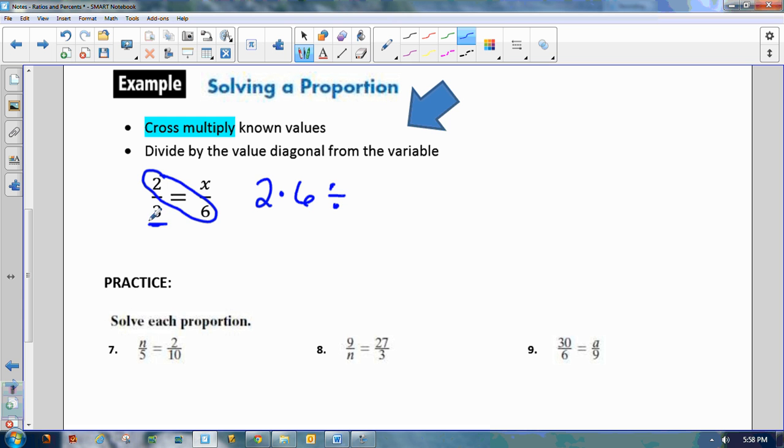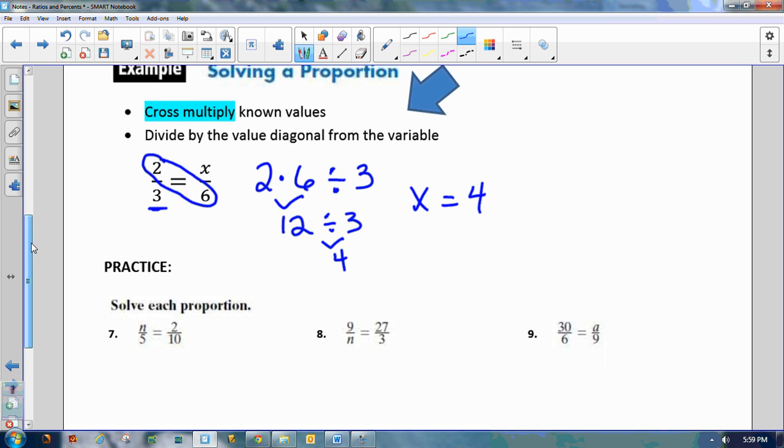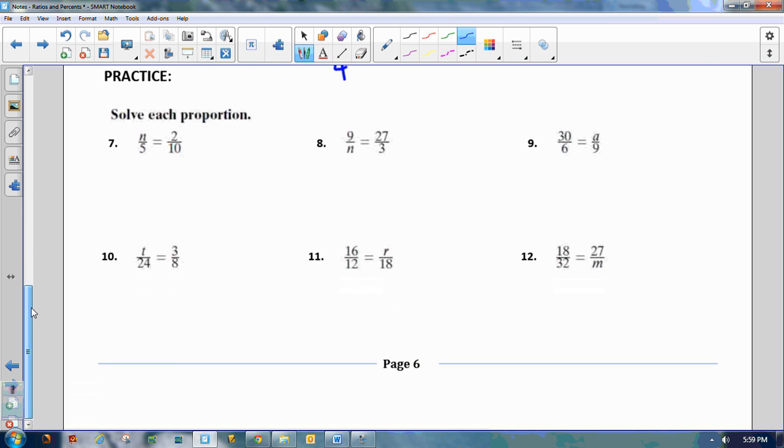So this is the value diagonal from the variable. So we're going to divide by 3. Now you notice we have an order of operations problem here. We have multiplication and division. So when it's multiplication and division, we just simply work left to right. So we're going to multiply here. 2 times 6 is 12. Then divide it by 3 gives us 4. So x equals 4.